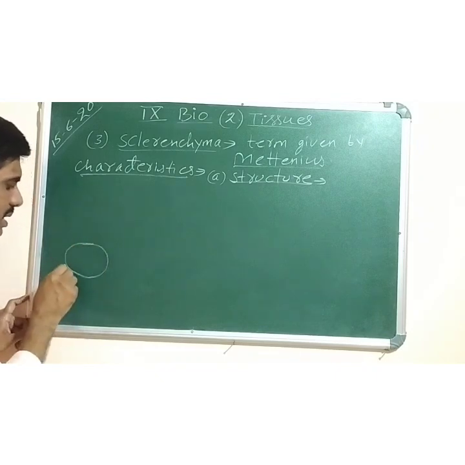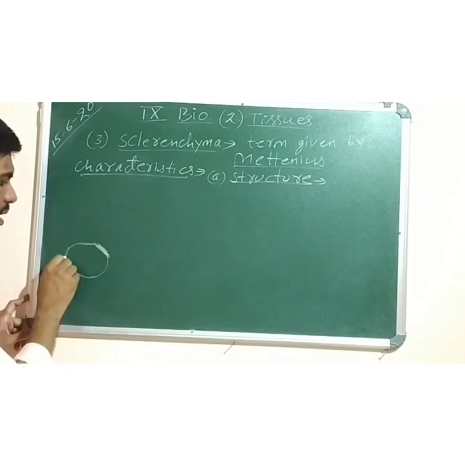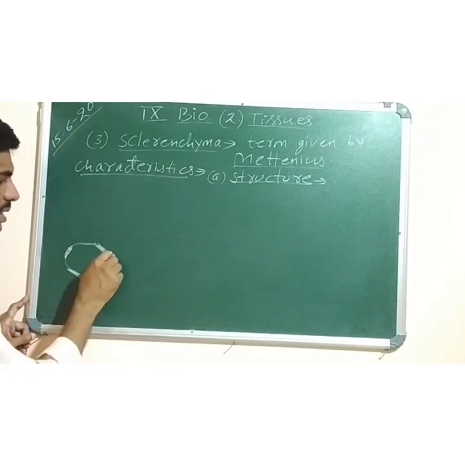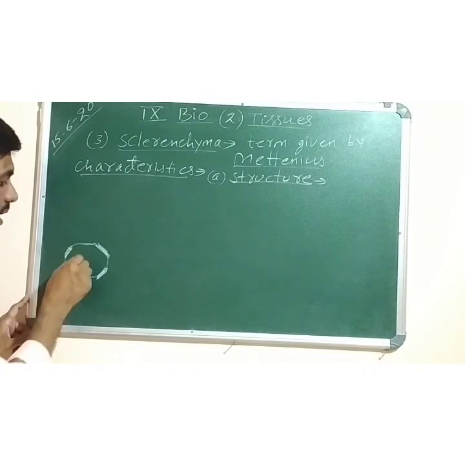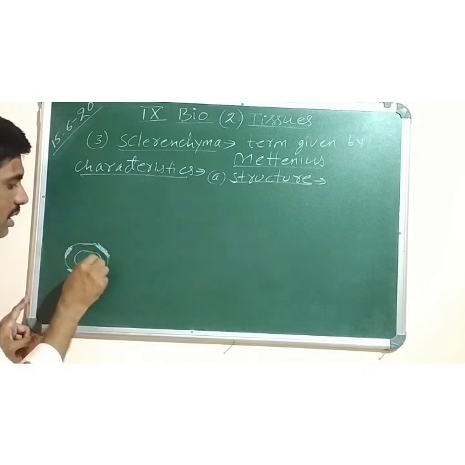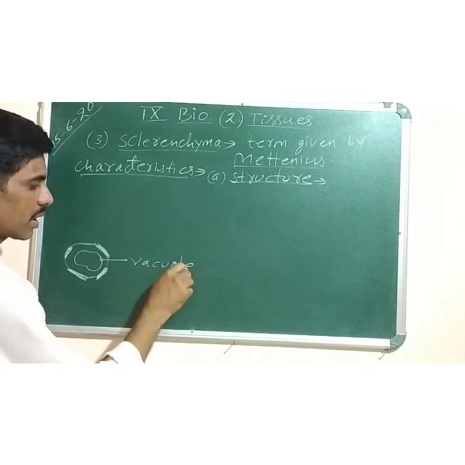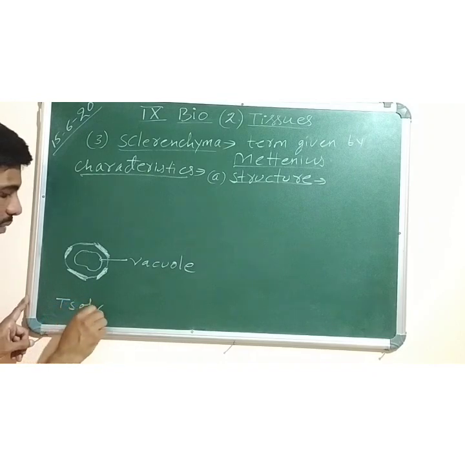If you draw the TS, the cells are isodiametric. The cell walls are thick at the corners, due to deposition of pectocellulose. So you can draw many cells like this, and this one is the vacuole. This is the TS, transverse section, of collenchyma.